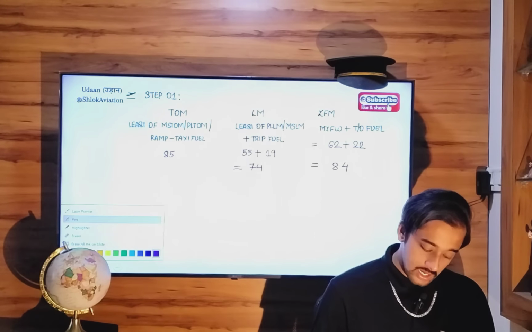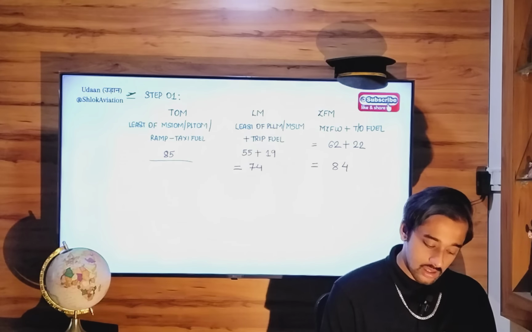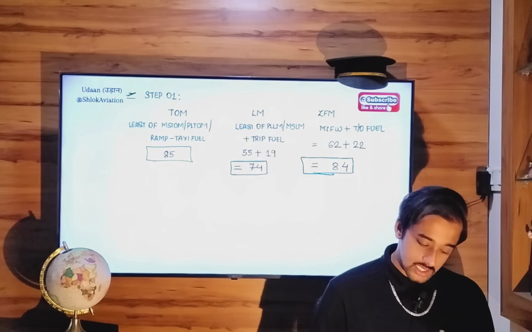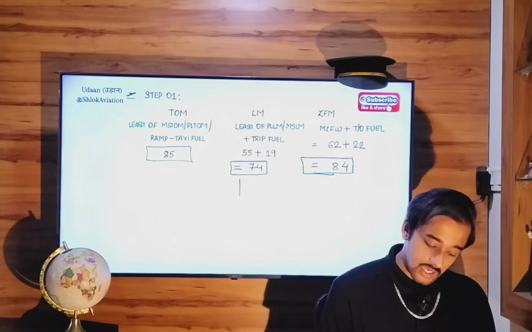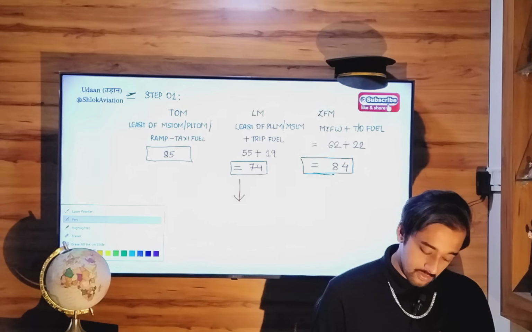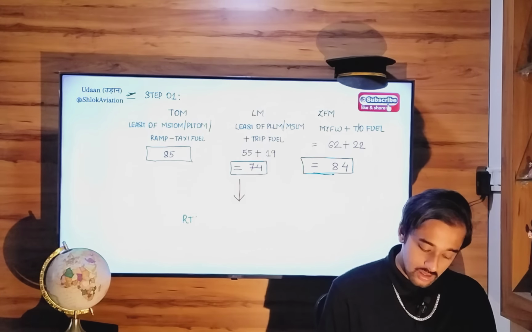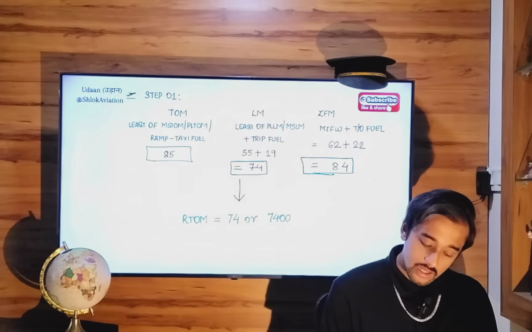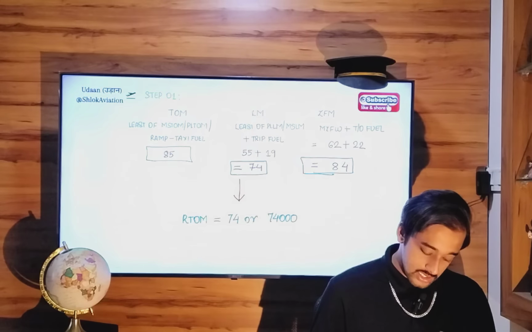Now out of these three values, you have to select that value which is least in number, and that value is 74. So 74 is your takeoff mass value. So regulated takeoff mass is 74,000 kg.